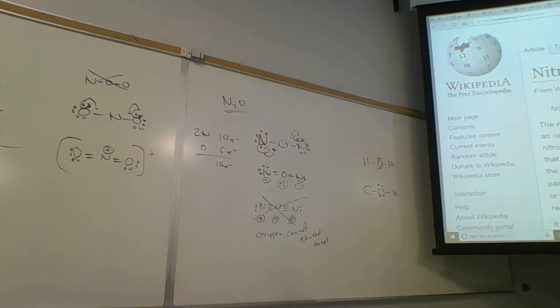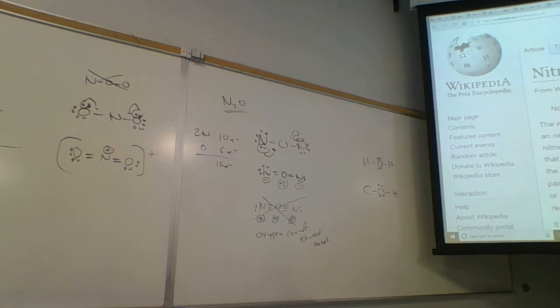Let's try following the general rule. The general rule is in the center goes the least electronegative. So if we put the least electronegative in the center, then this is the skeleton we get, an NNO skeleton. And then let's complete the octets. Let's do oxygen first because oxygen is the most electronegative. Then we'll do nitrogen.